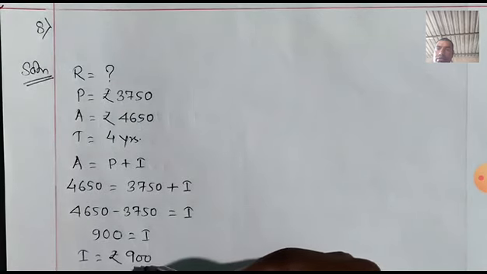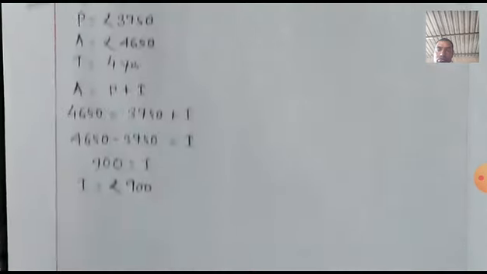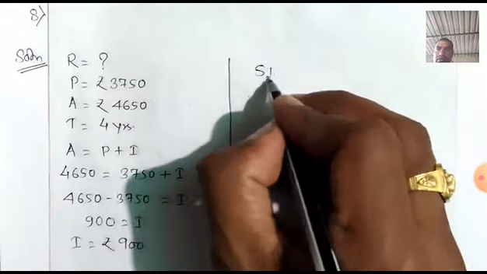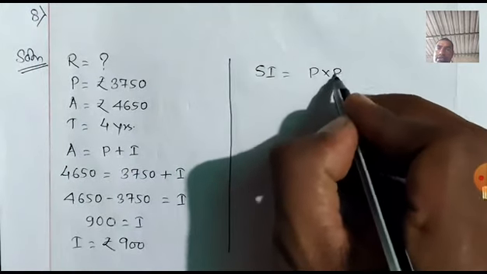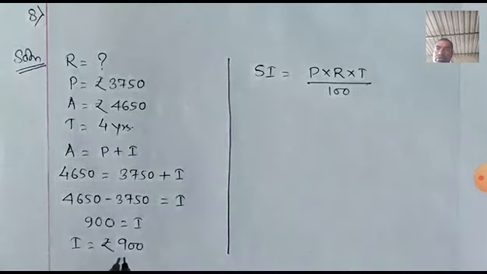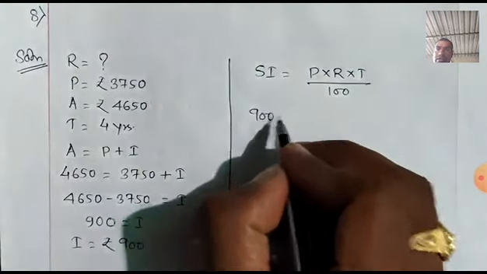After that, what do we have to find here? The rate of interest. So R is equal to, we will use the formula SI is equal to P into R into T upon 100. Then put the values. SI is 900, which we have found out.